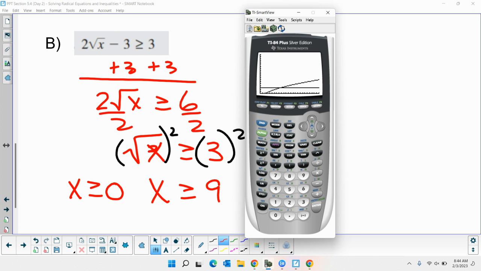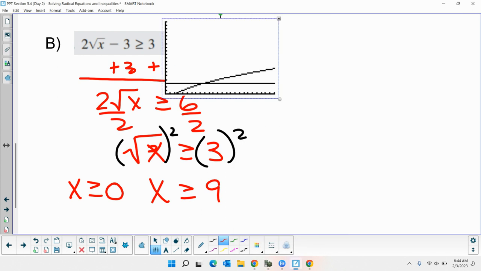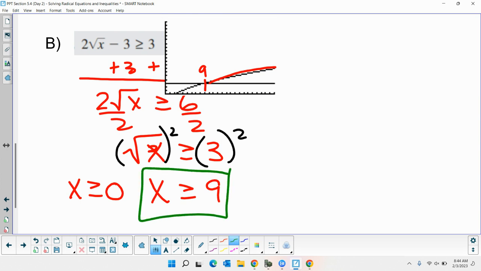Okay. Now we're looking at greater than this time, right? So we're looking at where is it above the 3? So it's from 9 up there is above the 3. See that? So my only answer, I can't do 2 of them. It's just this one is where it works for the whole thing.